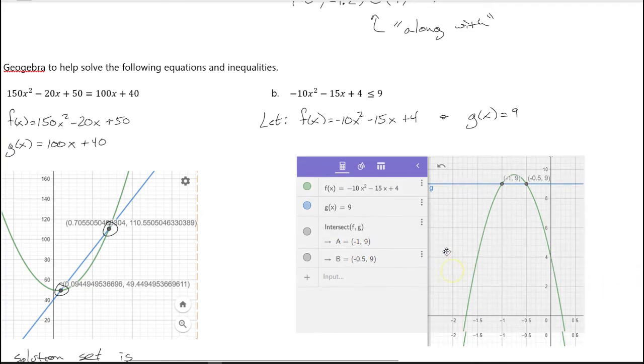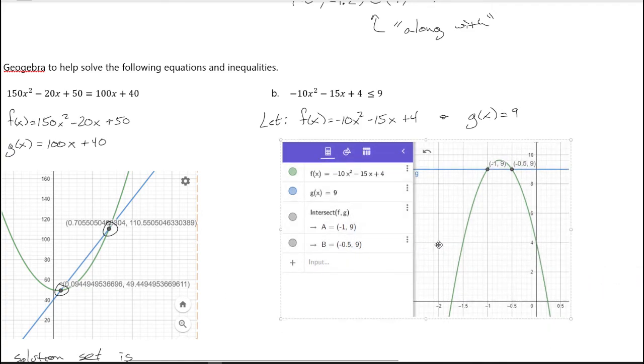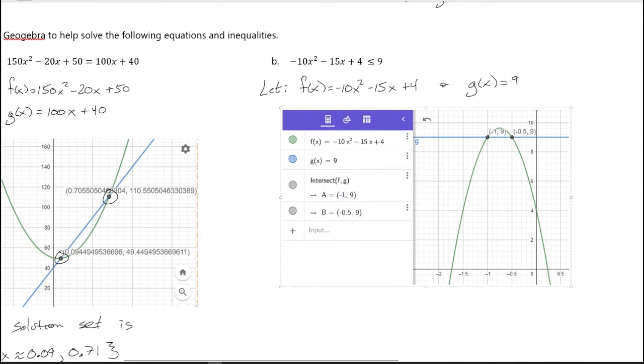Goodness. All right, so we see that f is the green line. This is green. My pen's partially working.